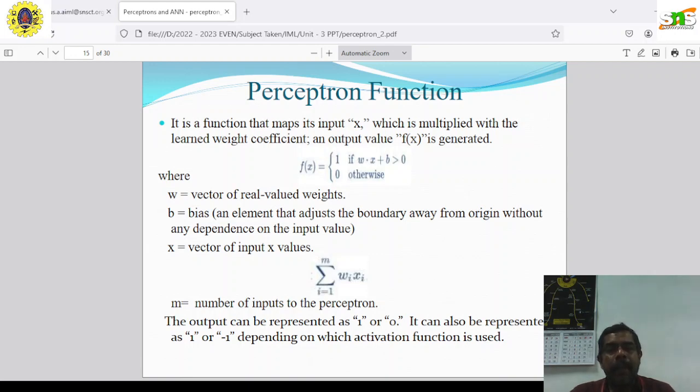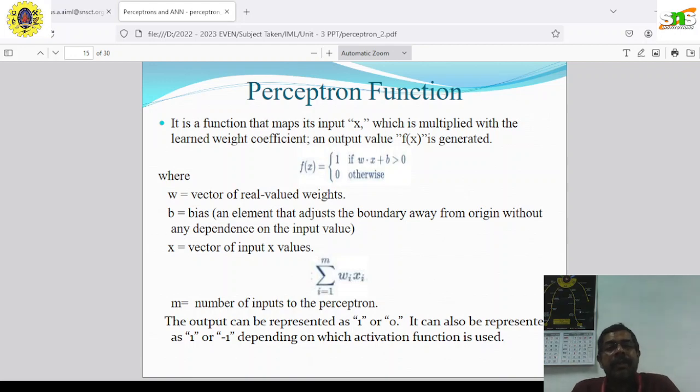In the same way, we denote this perceptron function with wx plus b. If its value is greater than 0, then f of x is 1. If f of x is 0, then that has to be treated as null.